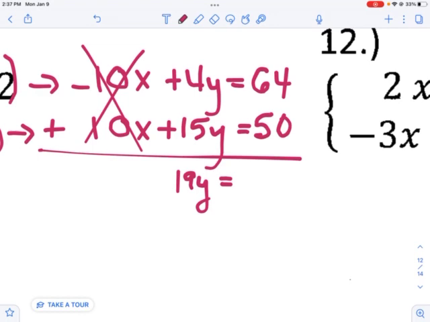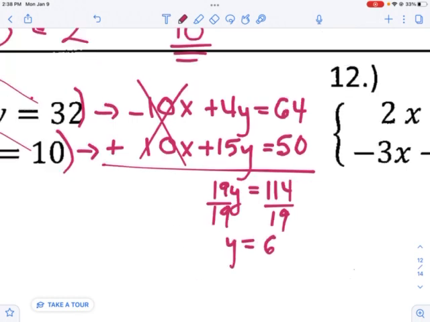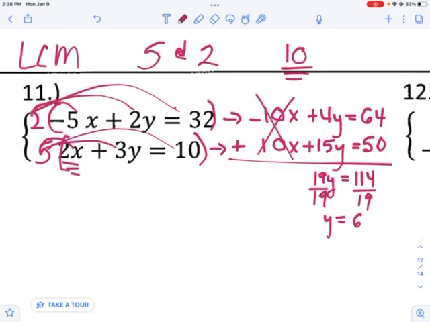So y equals 6. I'm going to go back into my typed equations, and I'm going to choose to substitute the 6 into this one, just because there are no negatives. So I have 2x plus 3y equals 10. I'll substitute 3 times 6, and then 2x plus 18 equals 10.